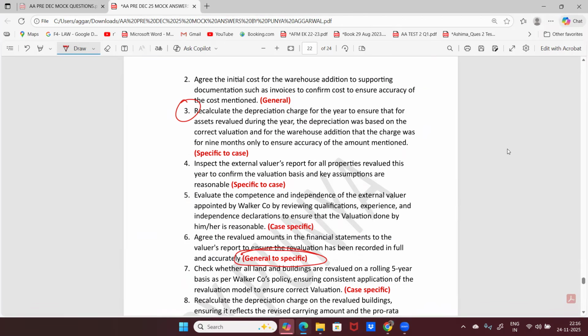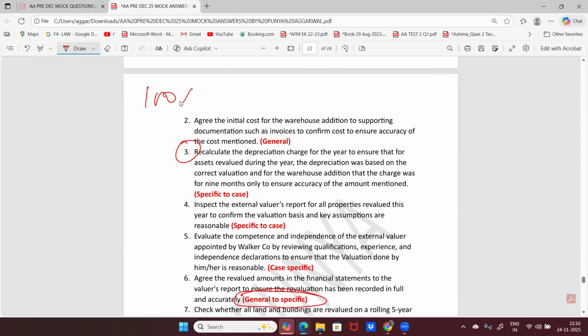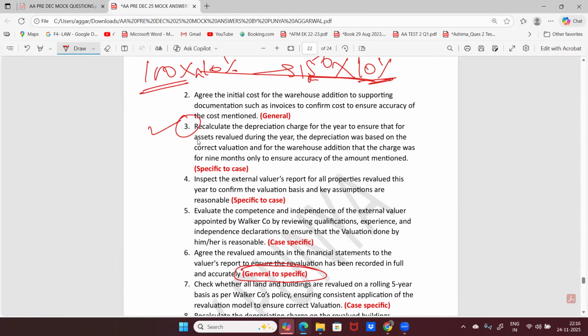So if, for example, the amount at which we were depreciating was 100 previously, now it has been revalued to 150. So we have to make sure that we are doing 10% of 150 only and not 100, right? So that is the reason I'm recalculating the depreciation charge to ensure that for assets revalued during the year, the depreciation is based on the correct valuation. So it's based on 150 and not 100.